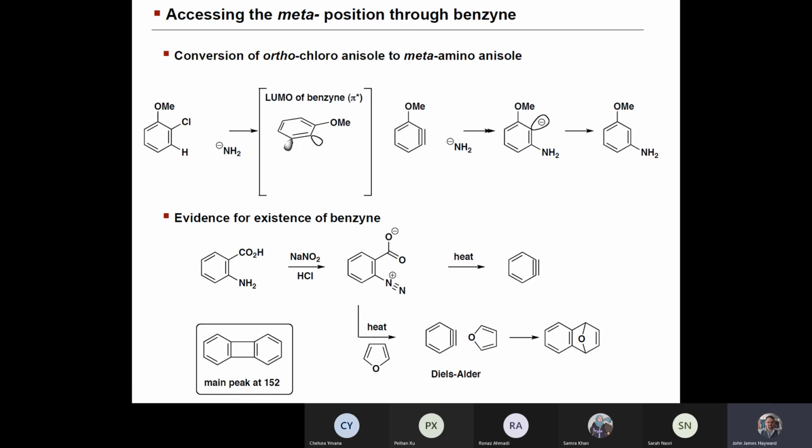Okay, so we've talked about how to get the ortho position selectively. We've talked about how to get through to the para position selectively. And really that leaves just one, meta. And we know that we can do that with electron withdrawing groups using electrophilic aromatic substitution.